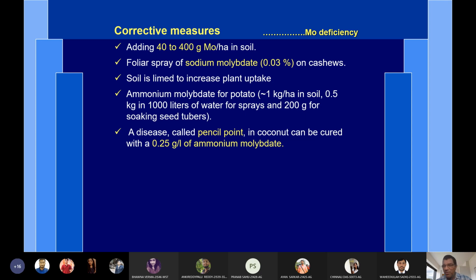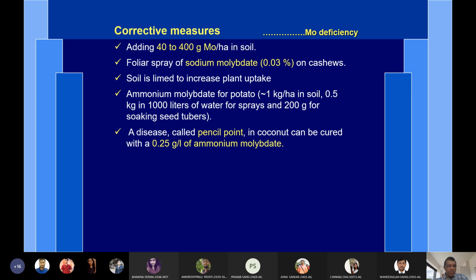Suppose you are applying 100 gram molybdenum; the fertilizer may be 200 gram if the fertilizer contains 50% molybdenum. So 200 gram of fertilizer in 1 hectare is difficult as a soil application. So what you need to do is take some sand or soil, mix it in, and then broadcast the mixture.